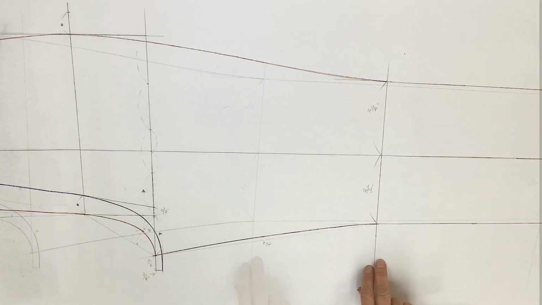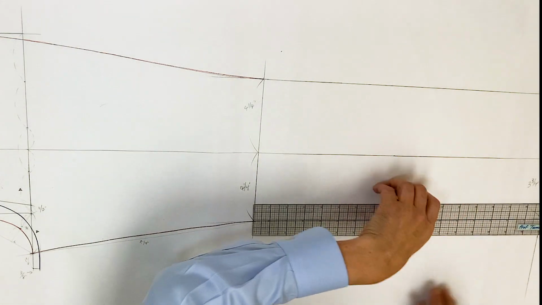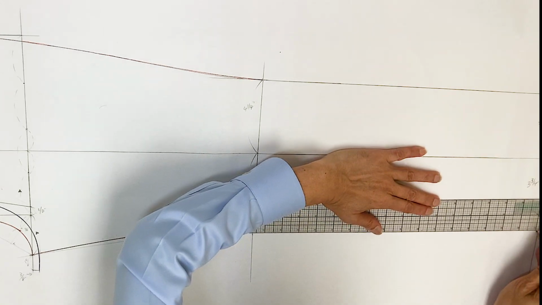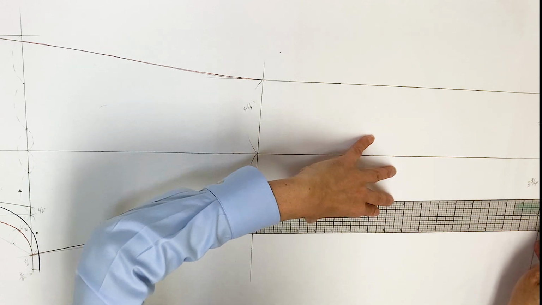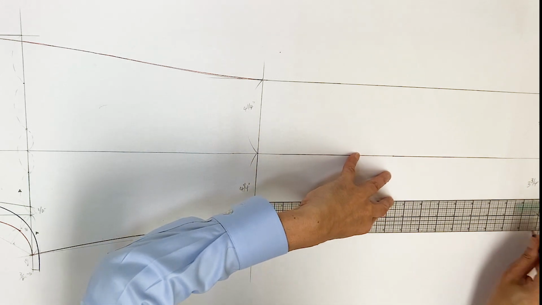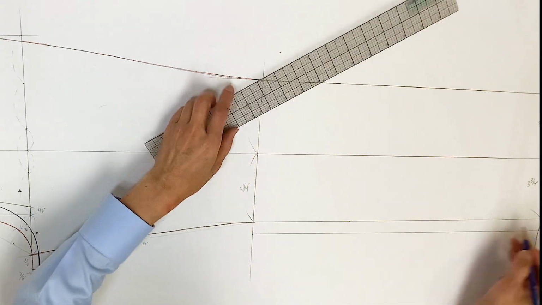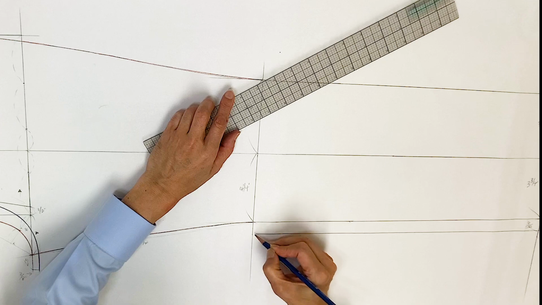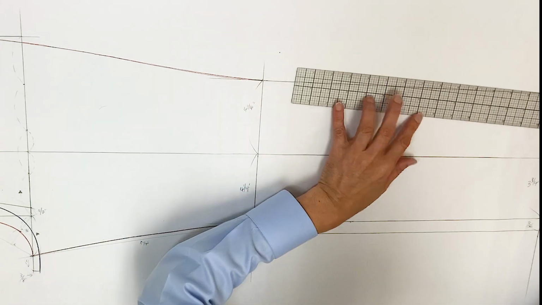Use that plastic ruler and add 3/4 and 3/4 here. Same thing you do here, 3/4.